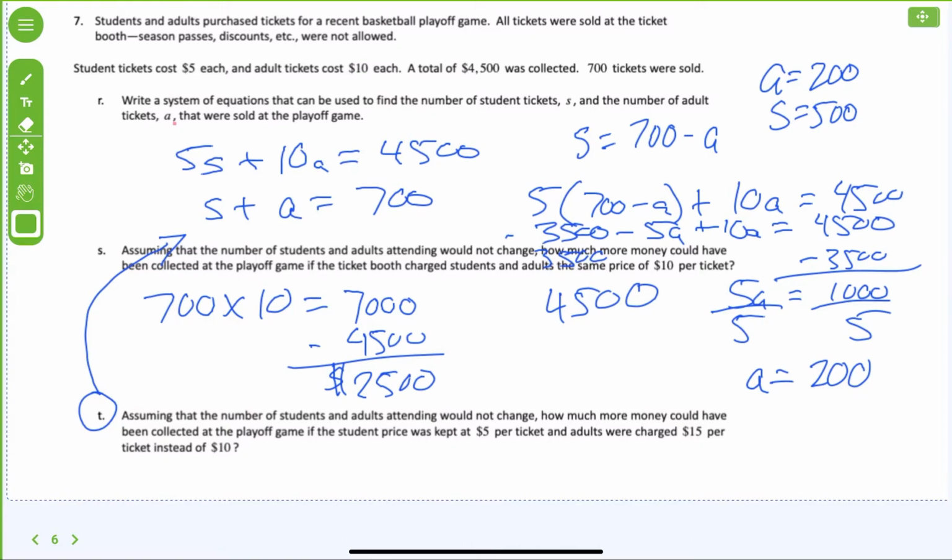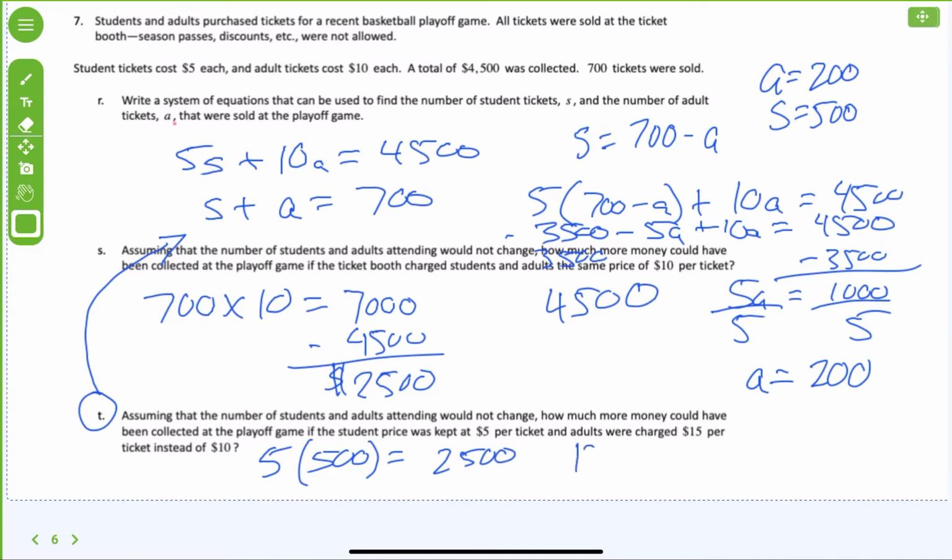Now, we want to know for T, what if instead of charging $10 for adults, we charged $15 for the adults. So what is 5 times 500, which is our S? That would be 2,500.